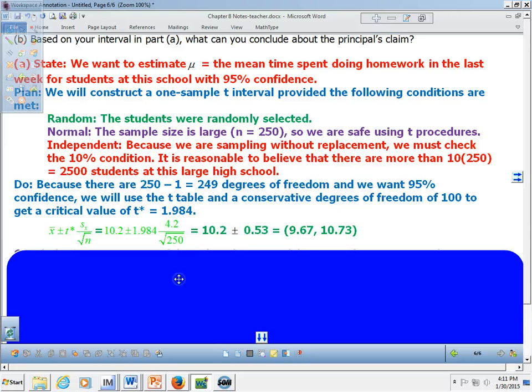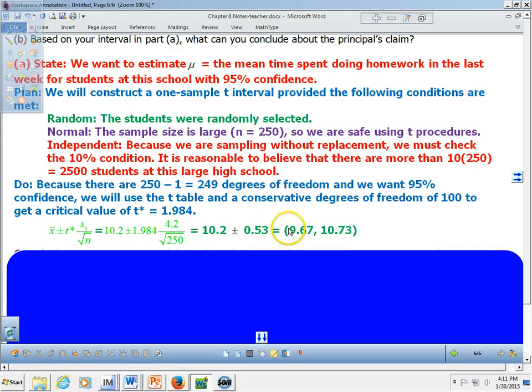Now, that being said, we've got our x bar, we've got our t star, and we've got all the information we need to do our interval. So from our sample of 250, the mean number of homework hours spent was 10.2. Our t star is 1.984. The standard deviation was given to us as 4.2 hours, and again, the sample size was 250, and now it just becomes arithmetic.